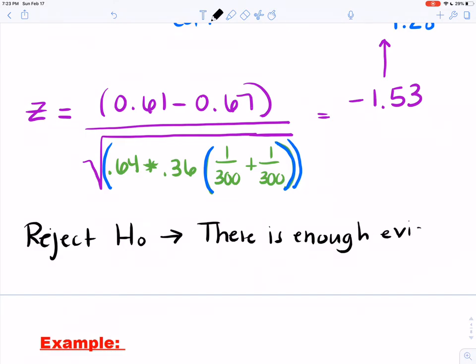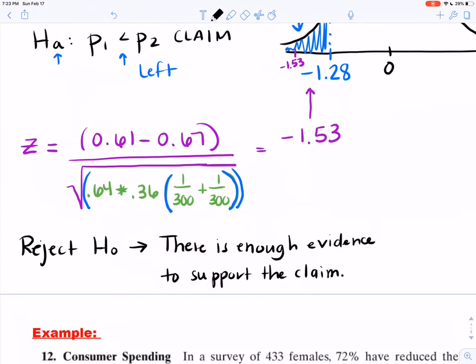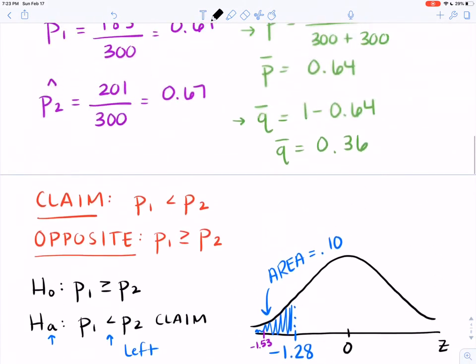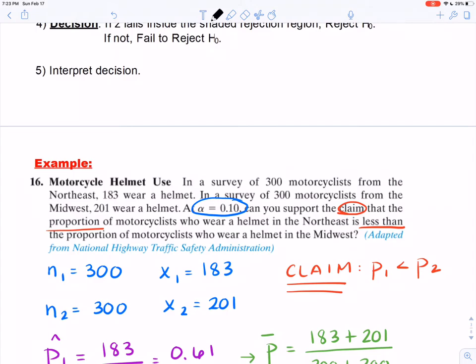The test was conclusive. It was able to do what it was set up to do. And because our claim is in the alternative, we will be supporting the claim that the proportion who wear helmets is less in the first group, which was the Northeast, than it is in the Midwest.